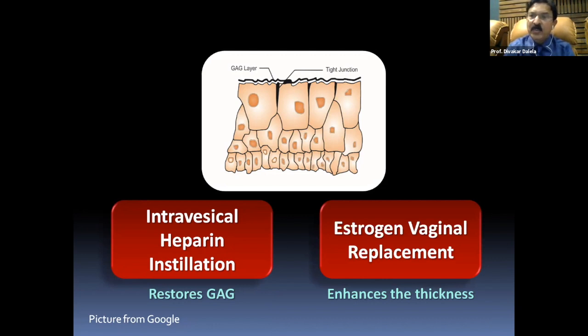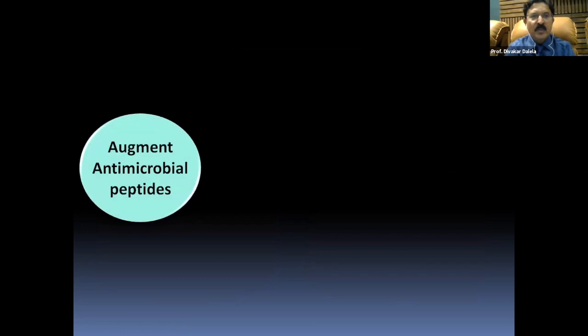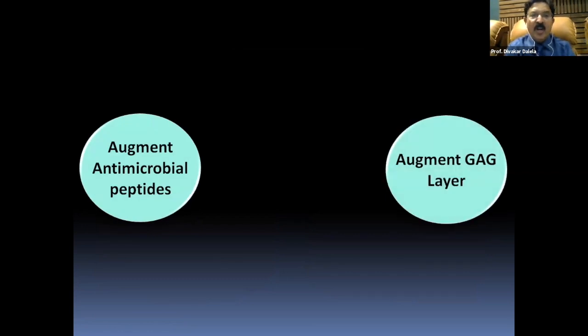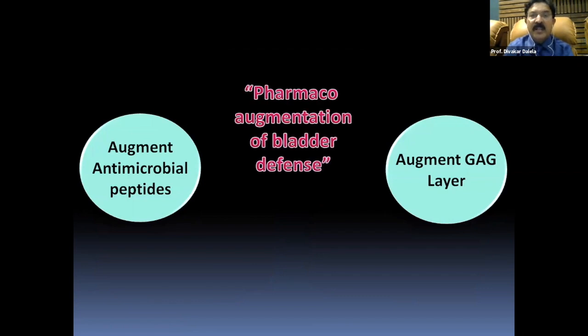So what we're trying to do, we're trying to give you a new umbrella with a nice coating over it, so that in future, if bacteria comes inside the urinary bladder, it slips away from the surface and does not attach over it. So if I have to summarize, we as physicians can augment antimicrobial peptides by vitamin D supplementation. We can restore the GAG layer inside the urinary bladder mucosa, and that's what we call pharmaco augmentation of bladder defense.